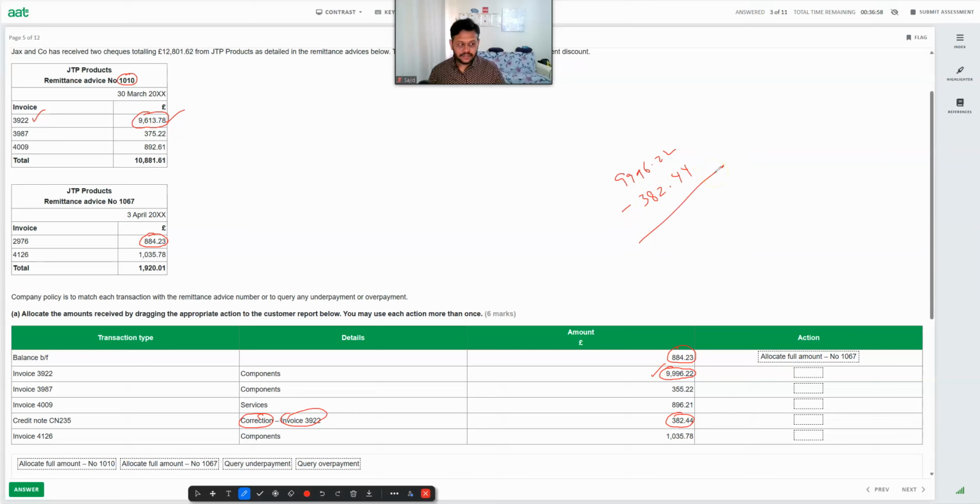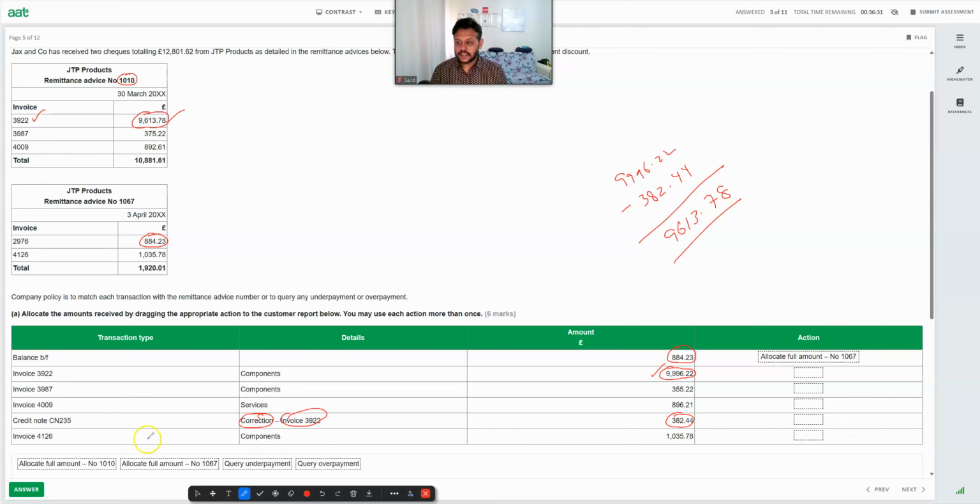And we want to see, after the credit note is adjusted, how much is the new balance. So 9996.22 minus 382.44, and that gives me exactly 9613.78.